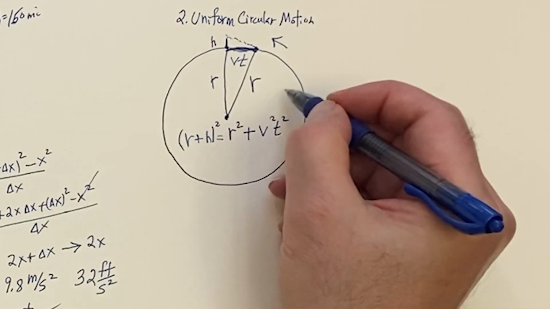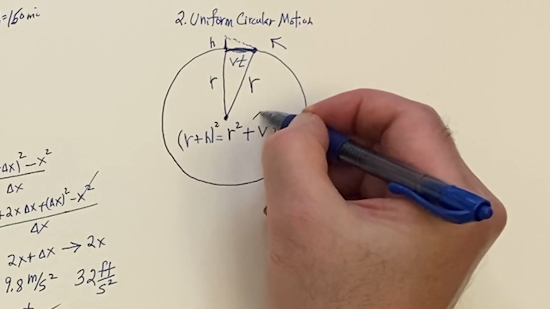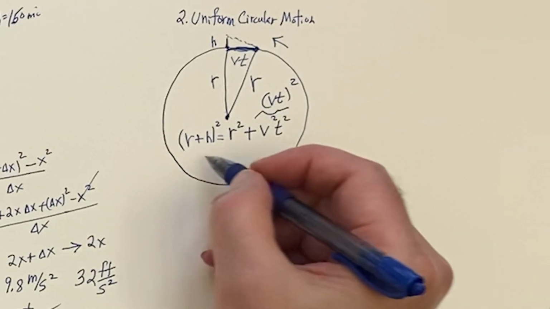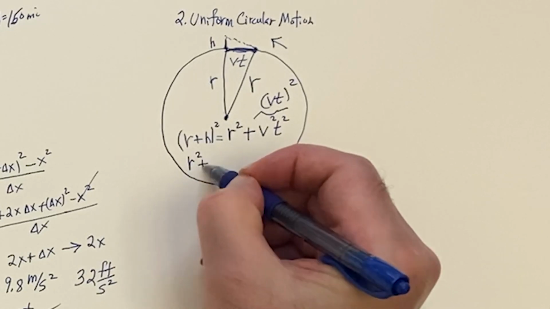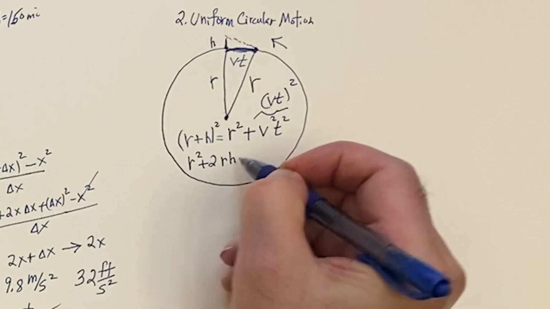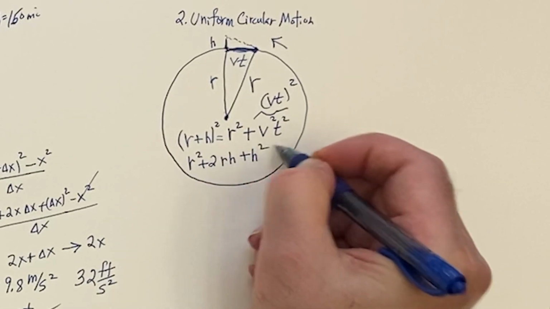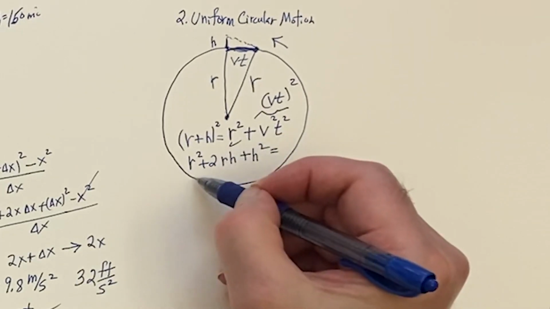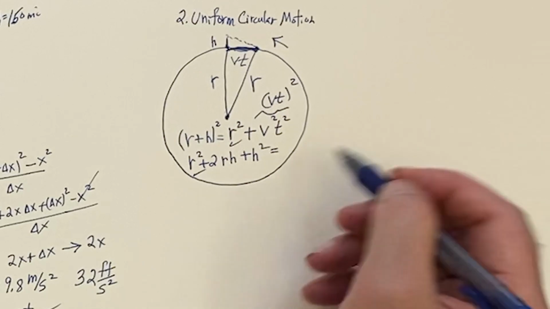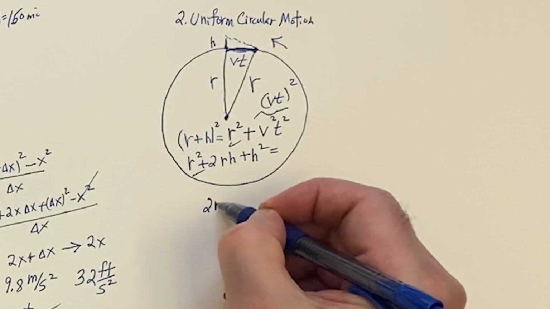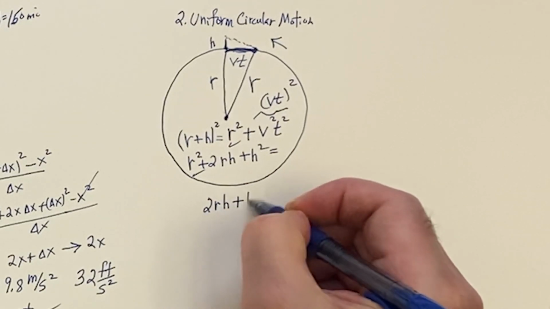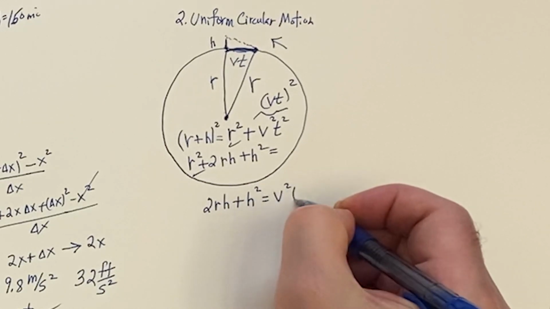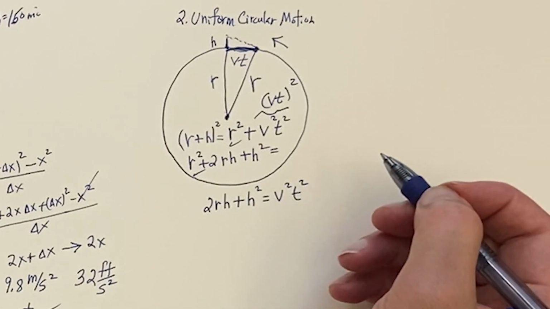In other words, this other leg is vt, and we're squaring it. So this would be r squared plus 2rh plus h squared, which is going to equal this other side. But then you can see that the r squared is going to cancel, and you're going to have 2rh plus h squared equal to v squared t squared.